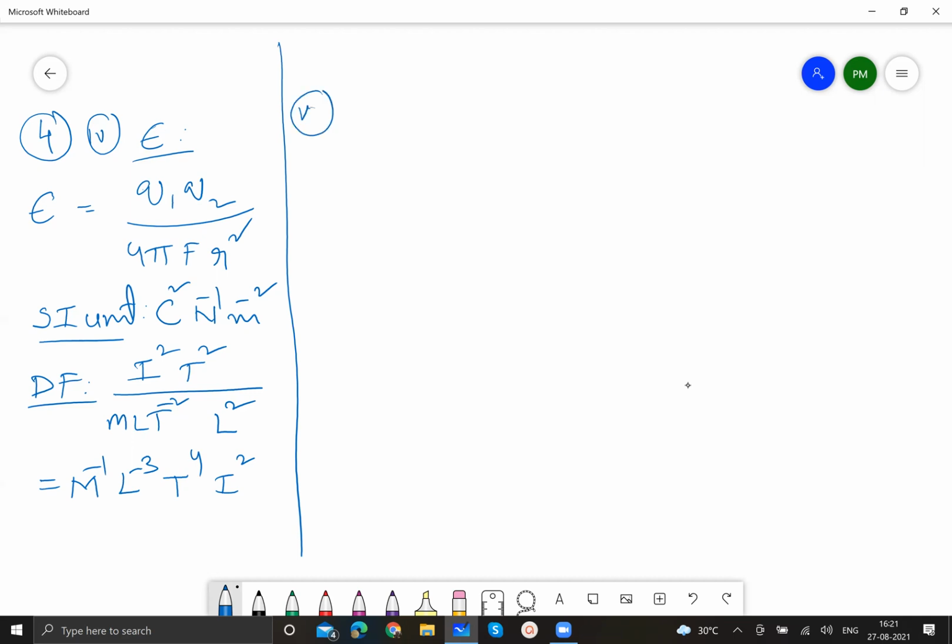Next, we have a pair of charges Q1 and Q2 at a distance R1. Then the charges have become capital Q1 and Q2 at a distance R2. The force of attraction or repulsion between them is F1 here, and here it is F2.